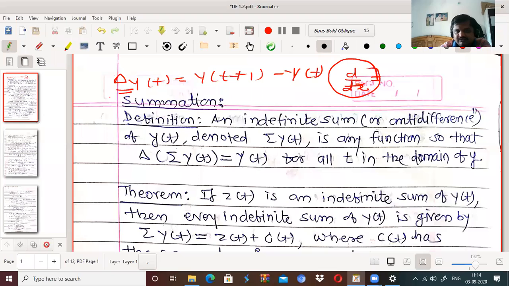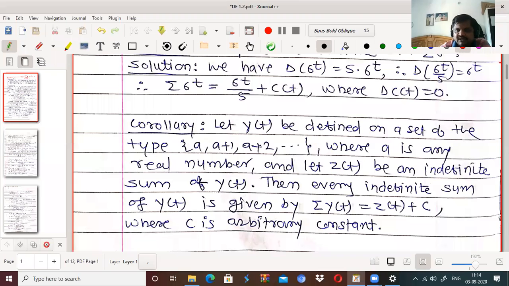And we obtained delta of so many fundamental functions, that is delta of a to the power t equal to a minus 1 into a to the power t, correct?